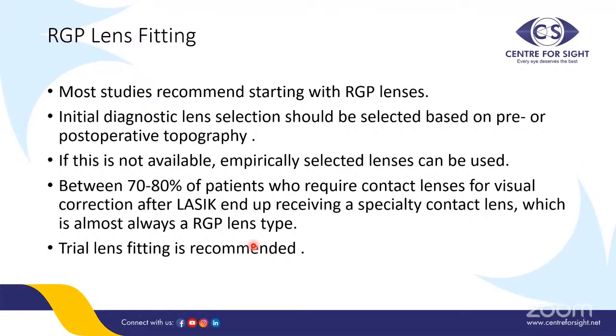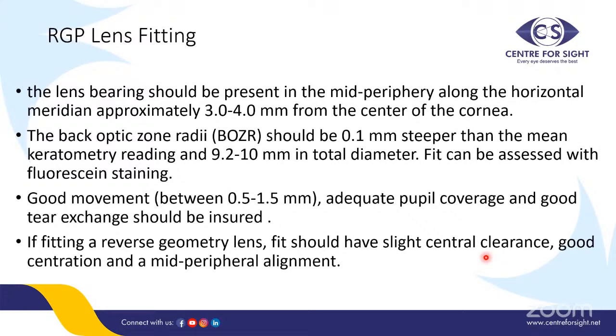Almost 70 to 80% of patients who require contact lenses for visual correction after LASIK end up receiving a specialty contact lens, which is almost always an RGP lens. In such patients, a lens trial is recommended first rather than dispensing the lenses directly.